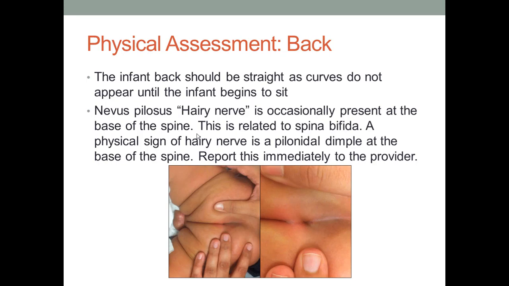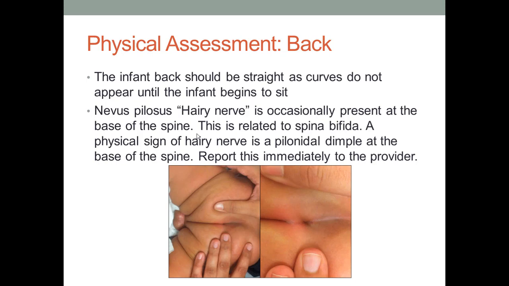Looking at doing the physical assessment of the baby's back, the back should be straight because curves don't actually start to show up until that baby can sit. And then there's a thing called the nevus pilosus, also called the hairy nevus, which is present at the base of the spine, and this is actually caused by spina bifida.